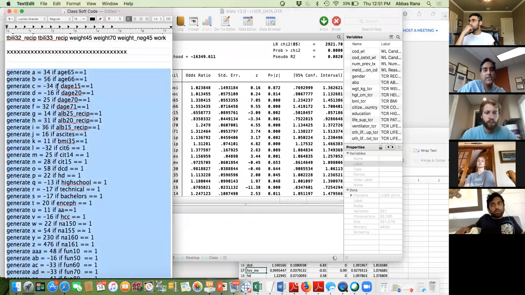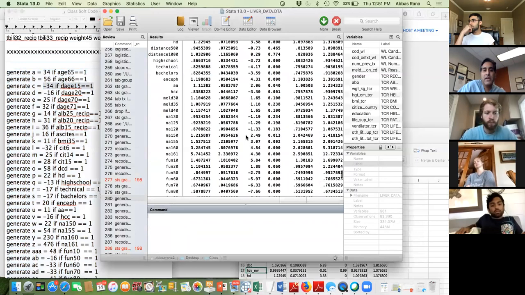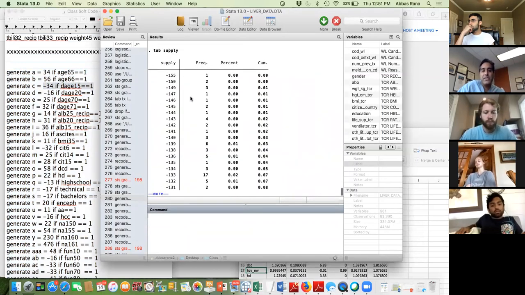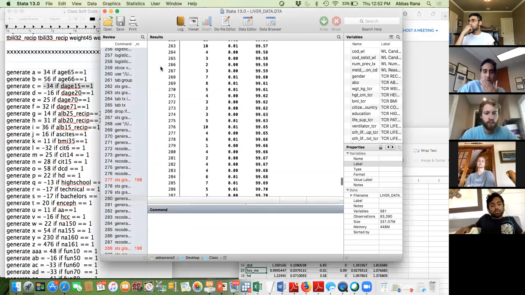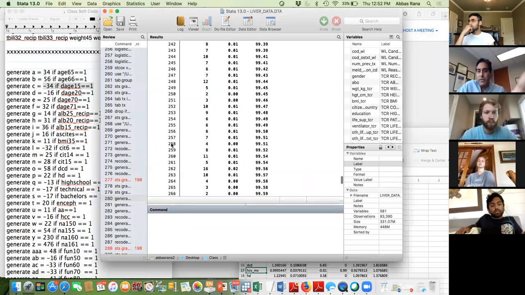And here you see donor age 1 is equal to negative 34. So there are negative, or protective, points in the SOFT score. And these patients had a lot of protective points. And then you go to the end and you have all the different point totals, and these are the number of patients with those point totals.